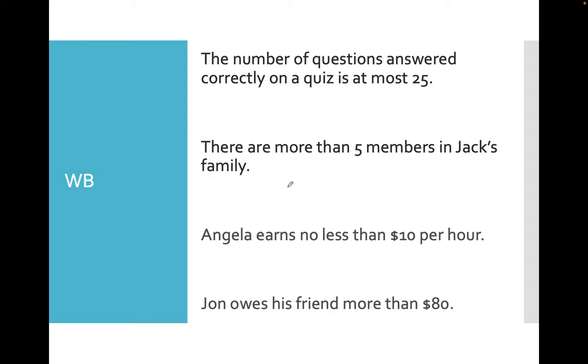Here's a few for you to try on your own. For this first one, you would say that X, the number of quiz questions answered correctly, is at most 25. That means less than or equal to 25. For the second one, if there are more than 5 members in Jack's family, that is X is greater than 5. And I'm just using X for all of these, but whatever letters you used are fine as long as you define them as what's missing.